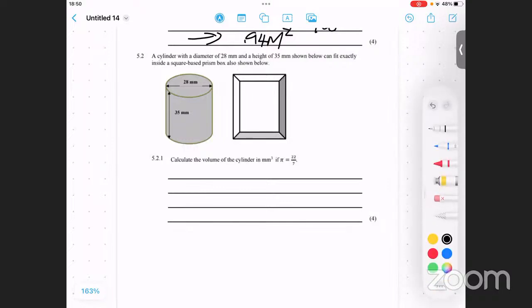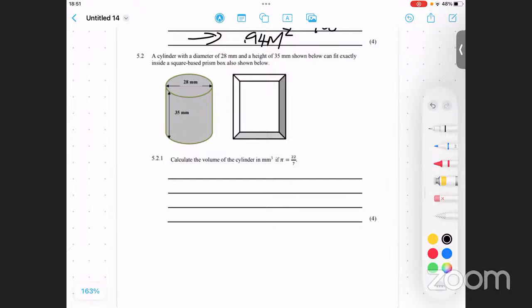And there you see the dimensions of the cylinder, which is 28 millimeters being the diameter and the height being 35 millimeters. And they say calculate the volume of the cylinder in millimeters cubed if pi is equal to 22 divided by 7.